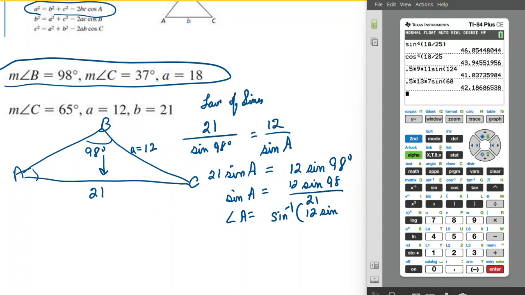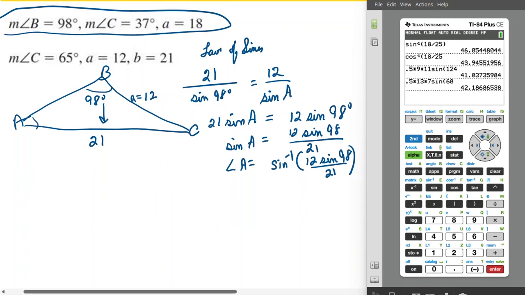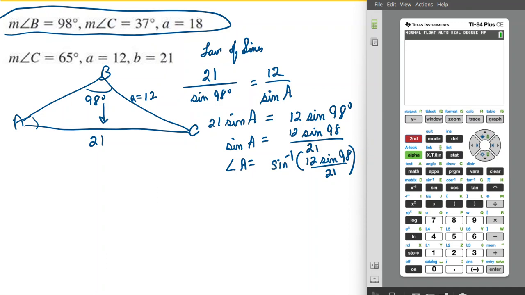And we're just going to put it all in the calculator. All right, here we go. First, let me clear it, second sine. Now sine inverse is up there, and I'm going to put 12 sine of 98, and close parenthesis, because I have to make sure the argument is complete, divided by 21, and close parenthesis again.